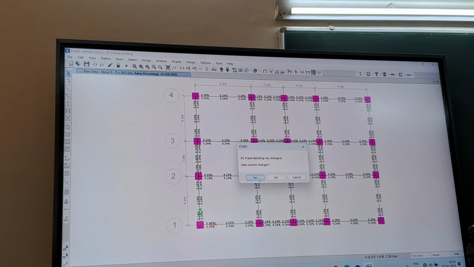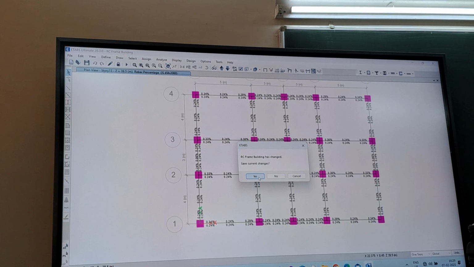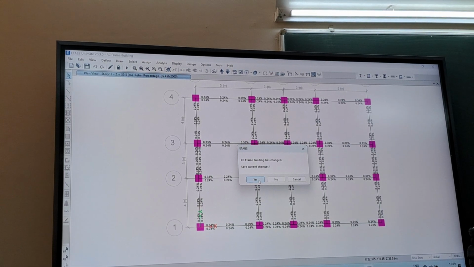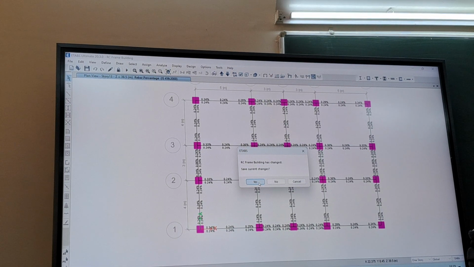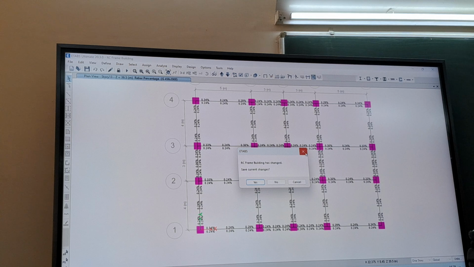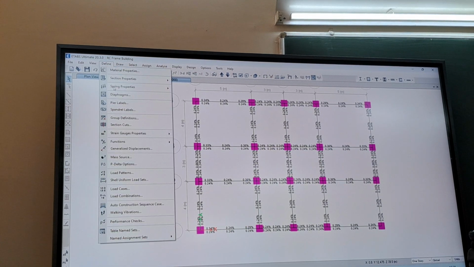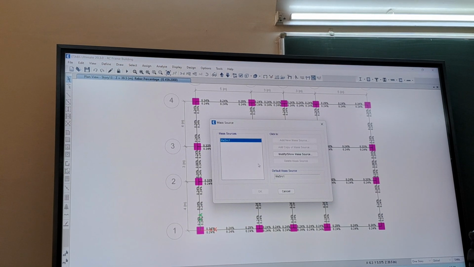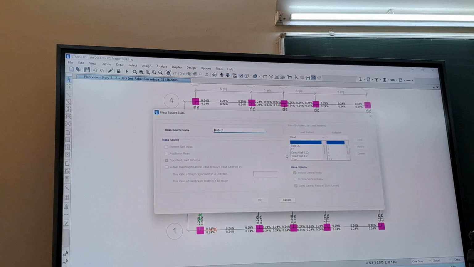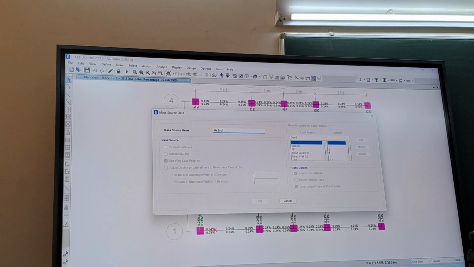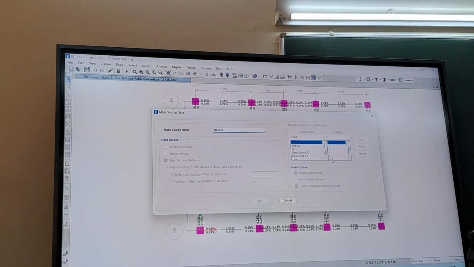Mass source, right? You want to see this combination?